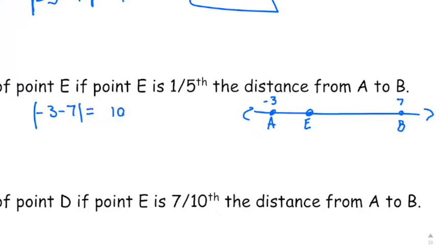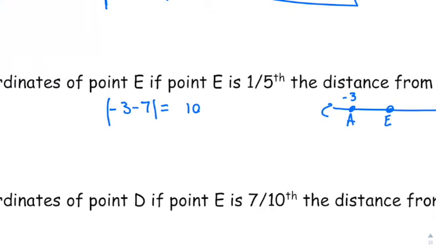So then to find this fractional distance, now the new part here is we're going to take this fraction. We're going 1/5 of the distance. We're going to do 10 times the fraction 1/5. Depending on how good you are with fractions, you can use all your rules right there. Essentially, that just means we need to do 10 divided by 5 right there. So that should come out to 2 units.